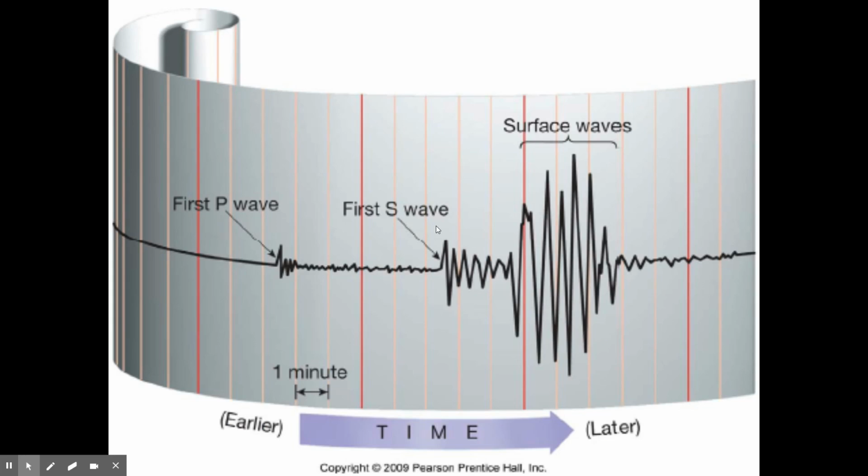Okay, now on a seismogram, which is the record of the earthquake, we will see nothing. There's no vibrations. And then finally, maybe an earthquake happens sometime before this, and the P wave finally arrives at the seismograph station, and it's detected. There's a quick little wiggle of that P wave arriving.